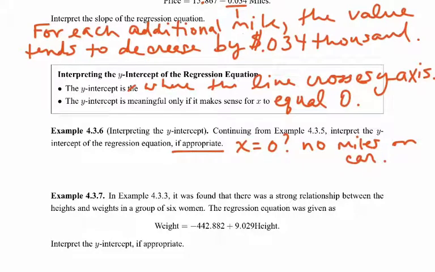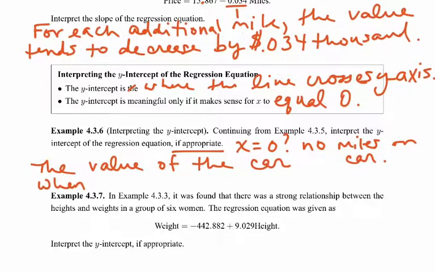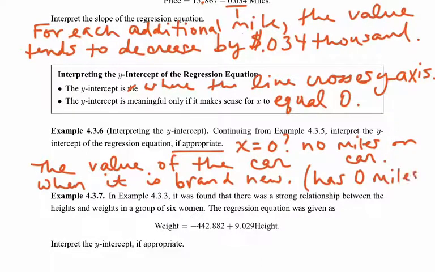So in this case, the y-intercept is the value of the car when it is brand new, or in other words, when it has 0 miles on it.